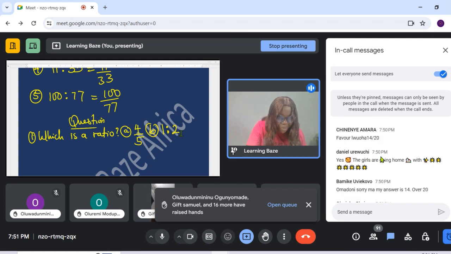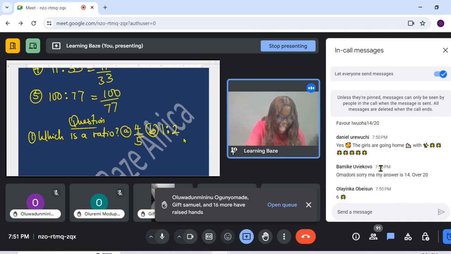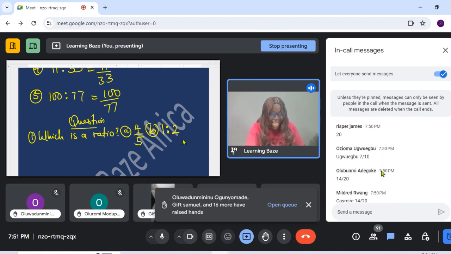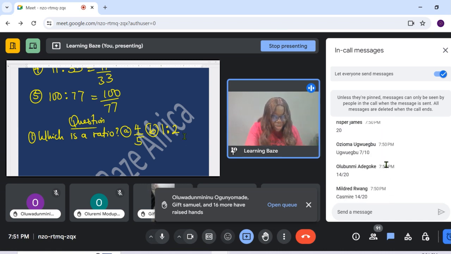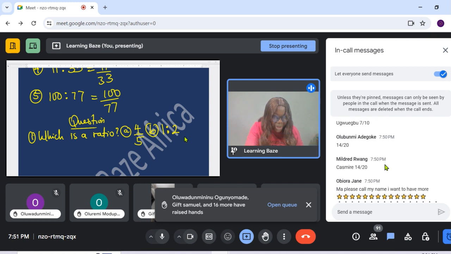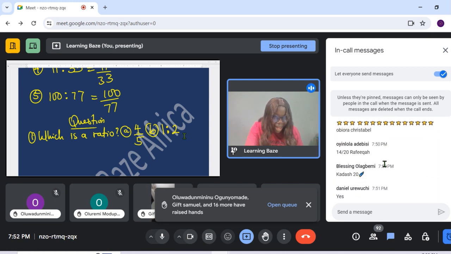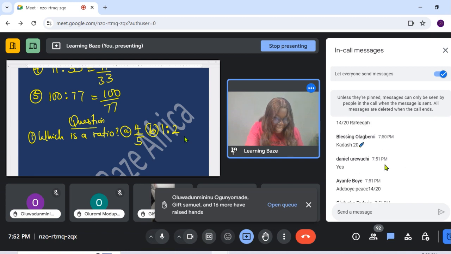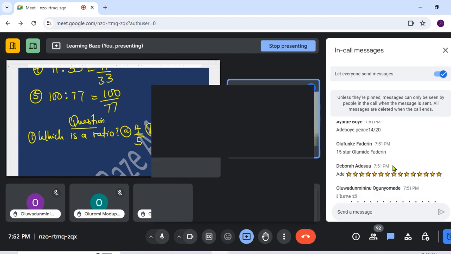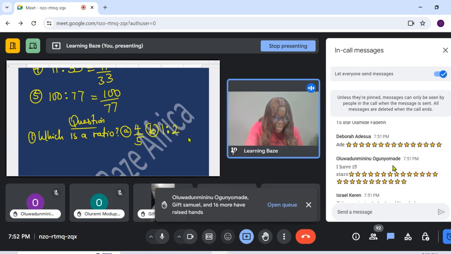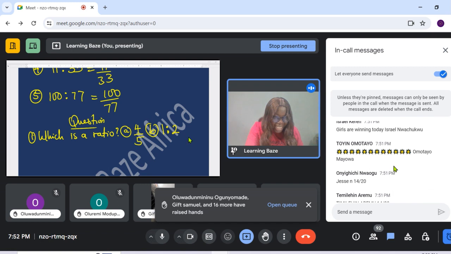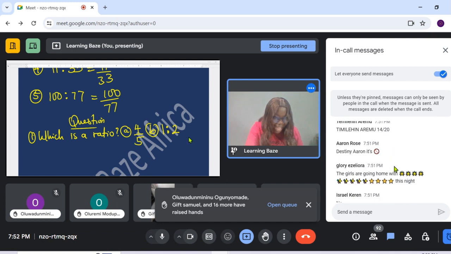Favor Iwaha, 14 over 20 is the answer. Okay, so are you ready for the competition? Uwebu, correct. Olubumi Adegoke, correct. Kashmir, correct. Okay, Rafika, correct. Adeboye, peace, correct. Do I have anybody whose name I've not called? JCN, correct.